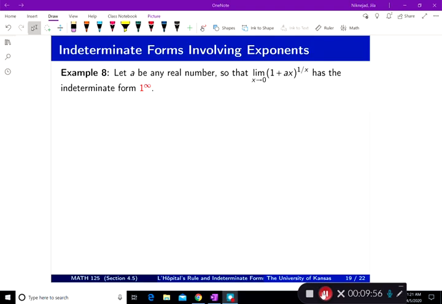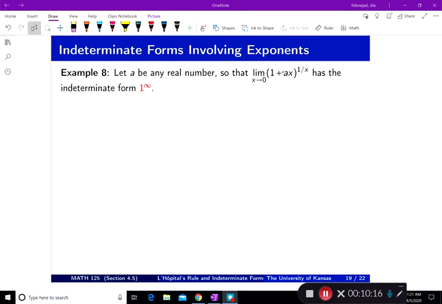Example 8. This time let a be any real number, so that the limit as x approaches 0 of (1 plus ax) to the power 1 over x has the indeterminate form 1 to infinity. So how do I deal with this?